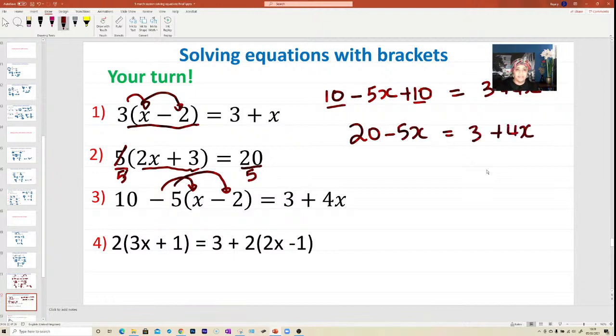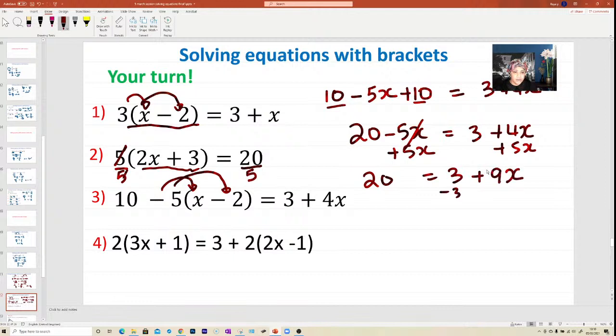Now before we get rid of the number, we need to look at the unknown, which is the x. In this case, the smaller one is a negative x. We're going to add 5x on both sides. Okay, so plus 5x, plus 5x. So we got 20 equals 3 plus 4x and 5x, which is 9x.